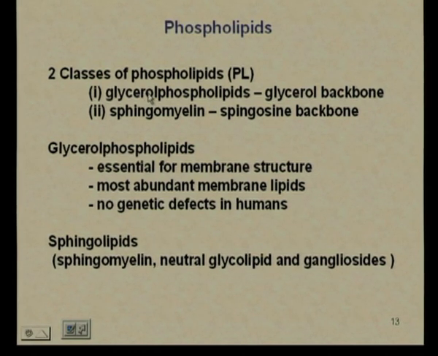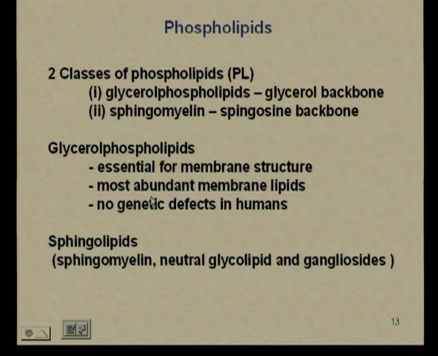We have glycerol phospholipids that have what is called a glycerol backbone, just like I showed you. We have sphingomyelin that forms from a sphingosine backbone. Each of these will form a lot of the membrane, and these phospholipids are usually referred to as PL.